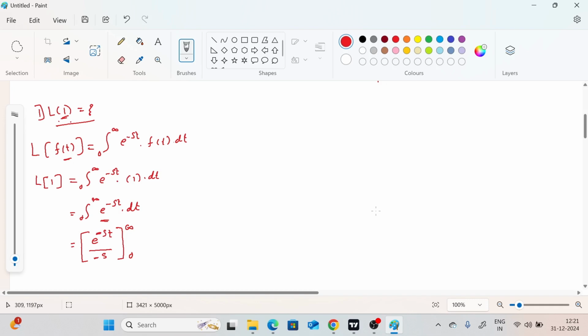If it is only s, we will use s. In this case we have a minus sign attached to the constant s, so we have to be very careful with the sign as well. Now I will take this here.